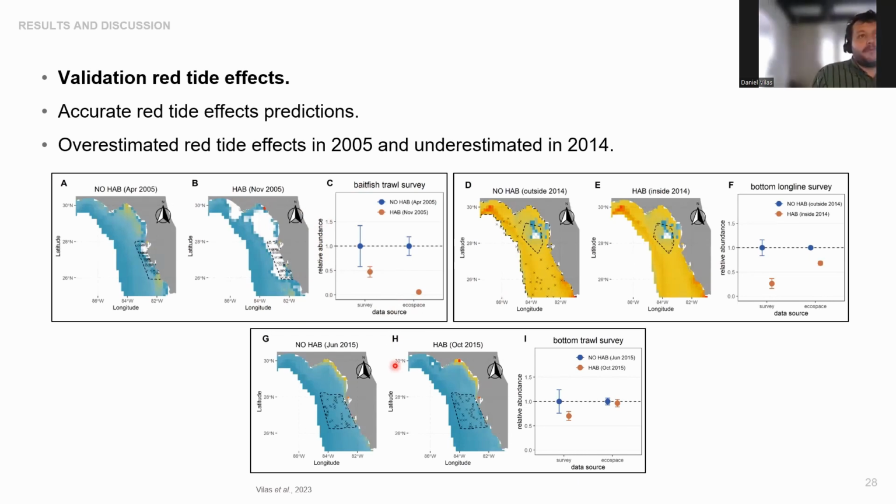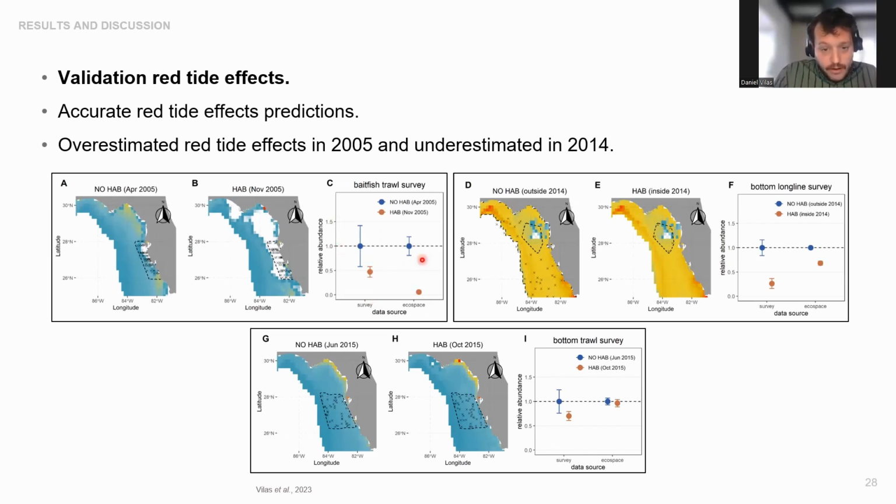And the plot represents how we observe these red tide effects through fishery independent survey, and how we predicted them in Ecospace. The blue point represents when no harmful algal bloom event was happening, so before or outside, and the red represents when a harmful algal bloom was present or just after this red tide event.